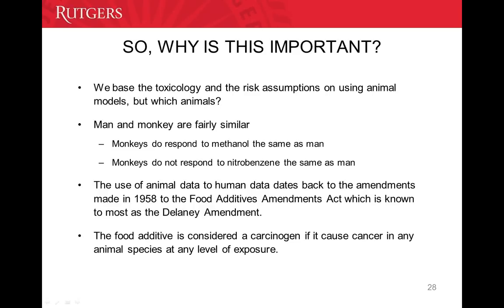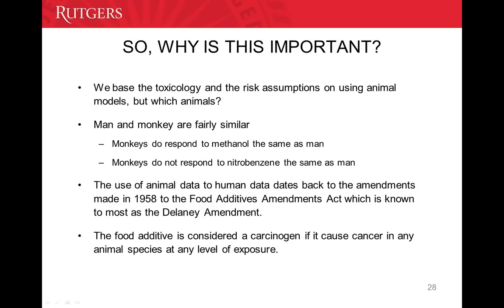And the use of animal data is important because the animal data that was collected more than half a century ago, rather, impacted the legislation that we have, the Food Additives Amendment, known as the Delaney Amendment from back in 1958, made a point that a food additive is considered a carcinogen if it causes cancer in any animal species at any level.